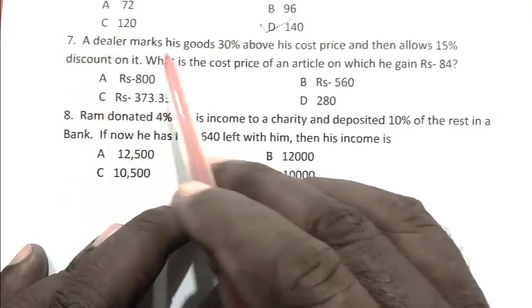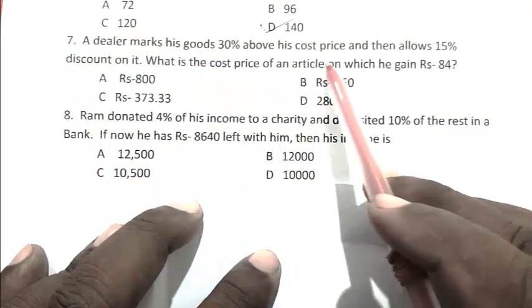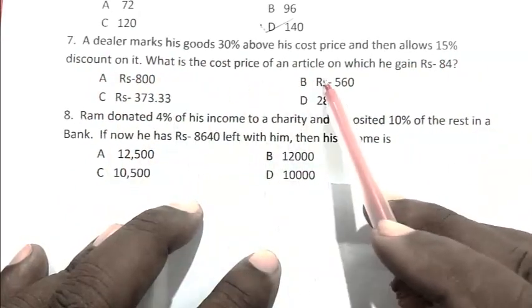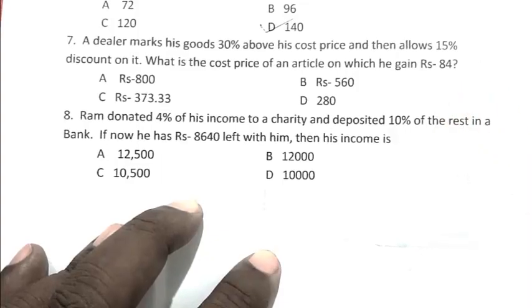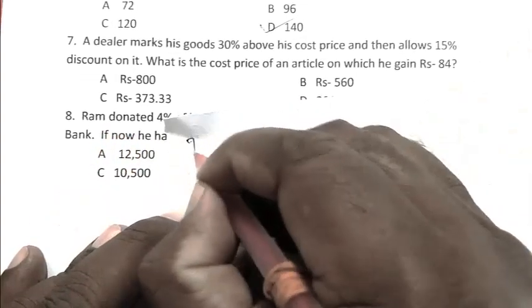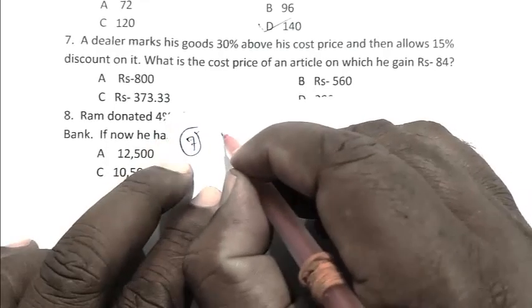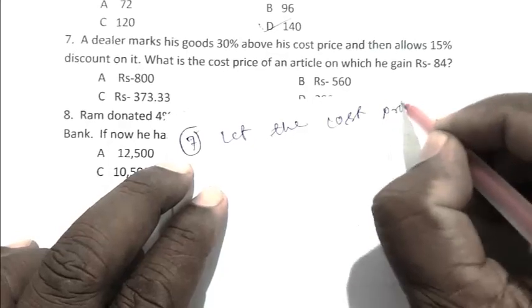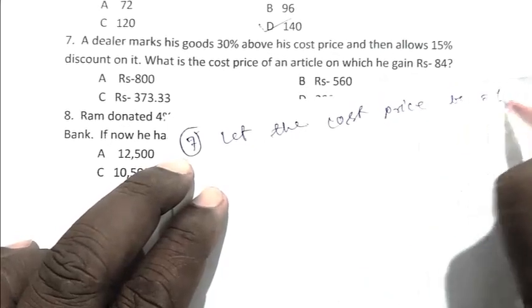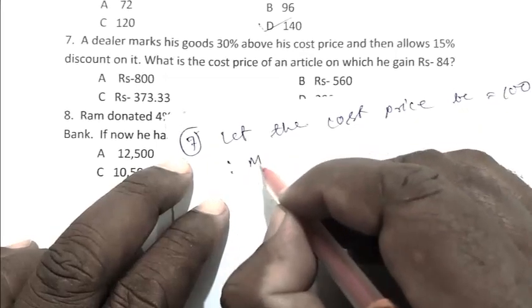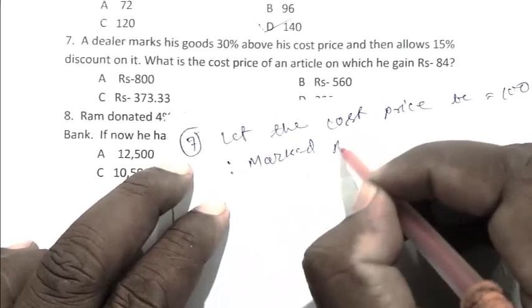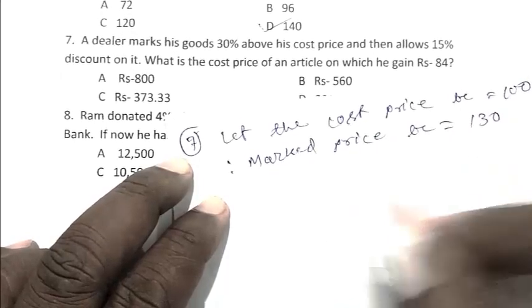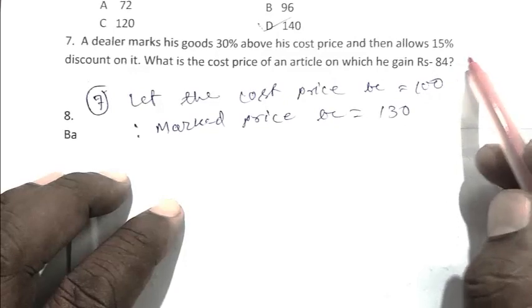Question number 7. A dealer marks his goods 30% above his cost price and then allows 15% discount on it. What is the cost price of an article on which he gains rupees 84? Let the cost price be 100. So marked price is 130 and he allows 15% discount on it.